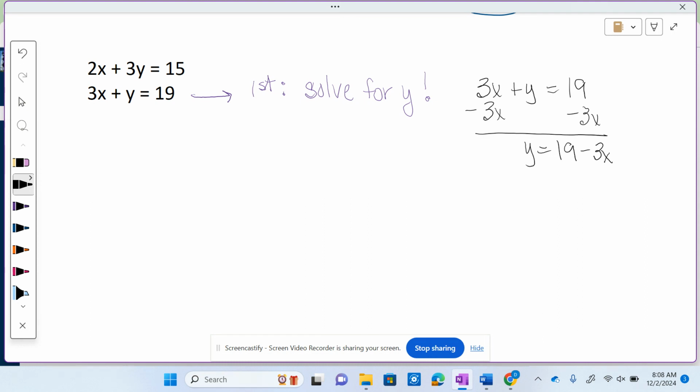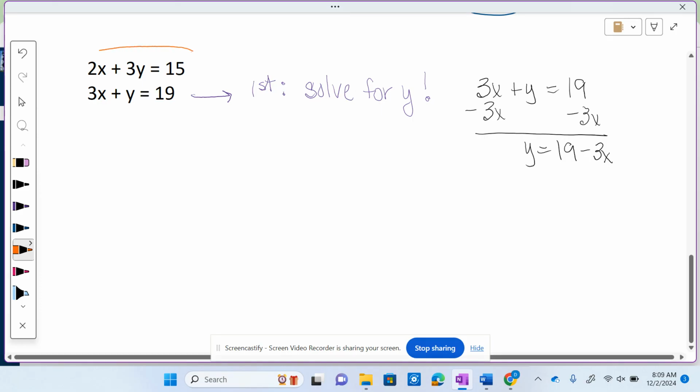So what are we going to do next? No division, nothing. I'm going to look at this top equation.